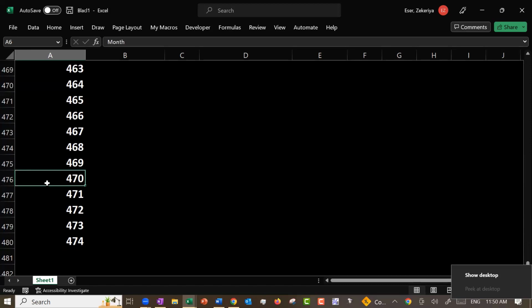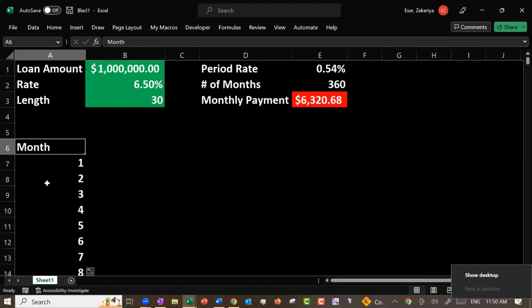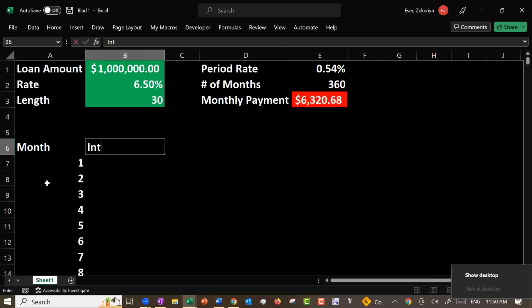Okay, let's start with beginning balance. It's called an amortization table. Obviously, the first month, that's the beginning balance.